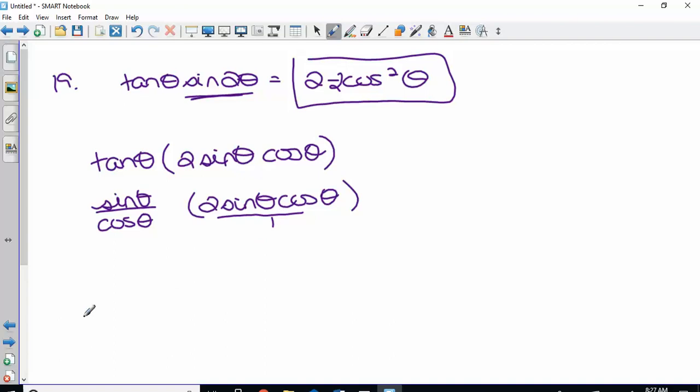Okay, this is like over 1. When you're multiplying, you can cancel anything that shows up on both the top and the bottom. What would that be? If I cancel that cosine, I have sine theta times 2 sine theta. So that would be 2 sine squared theta. Anyone see where to go from here?